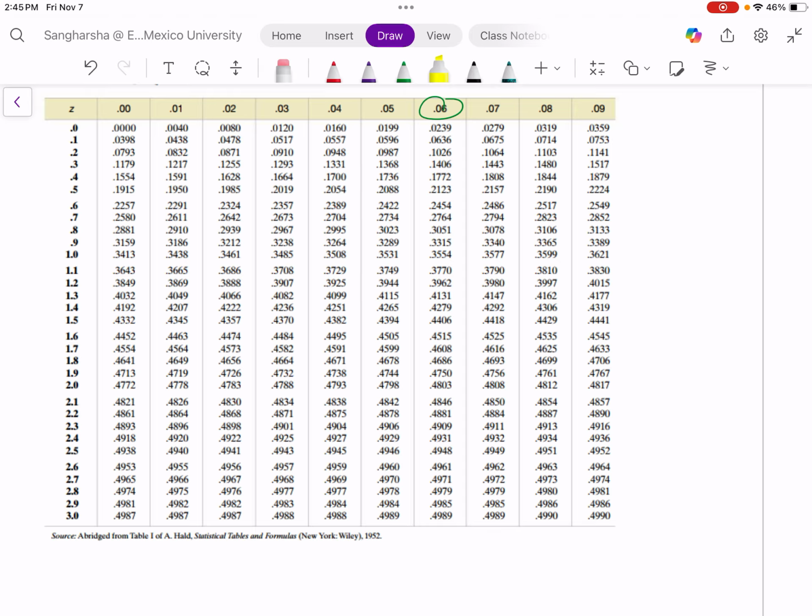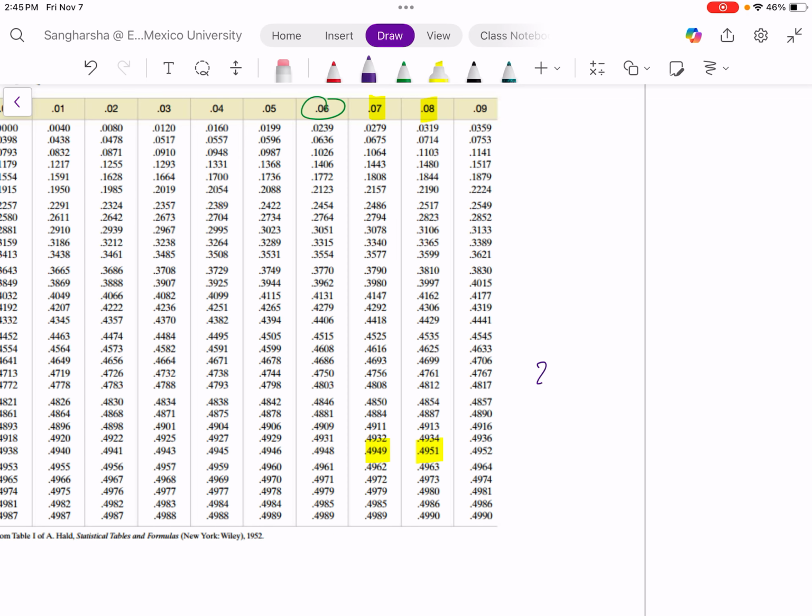Okay, 0.495. Here, these two are closest to each other. 0.495 is close to 0.4949 and 0.4951. So we take the average of 2.57 and 2.58.